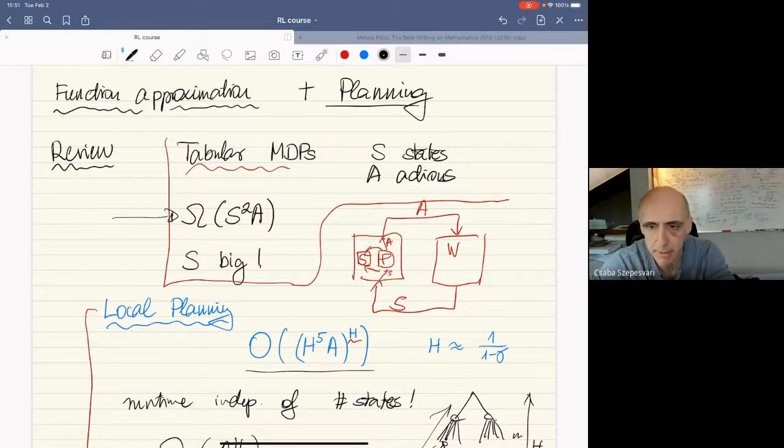Lots of problems can be formulated as MDPs. For which problems is it true that you can represent the value functions with some basis functions, with a few coefficients? That's a different topic. That's not being investigated here. It's more like if someone suggests that these value functions are going to be good for you, what do you do?